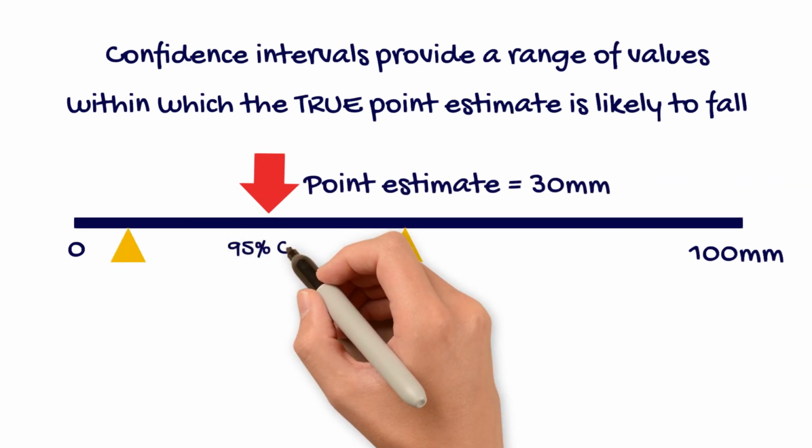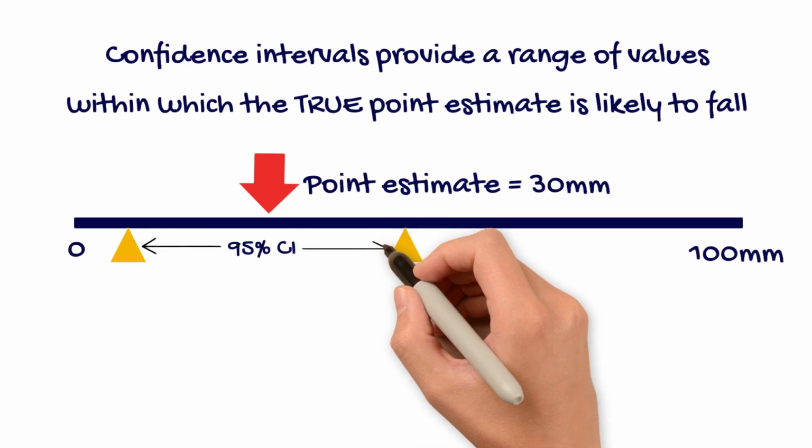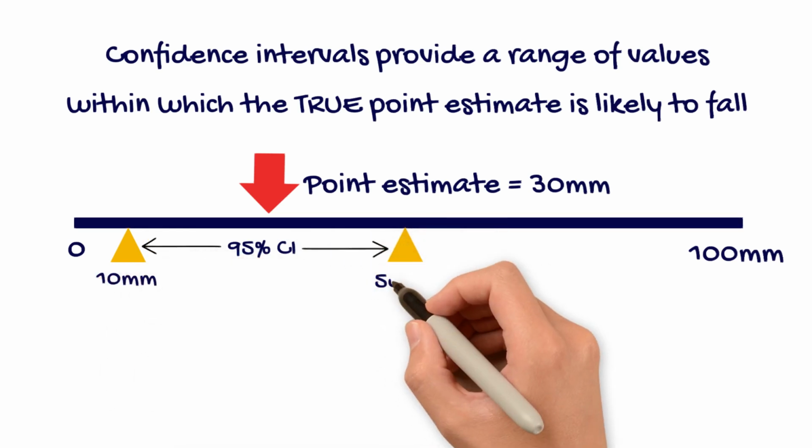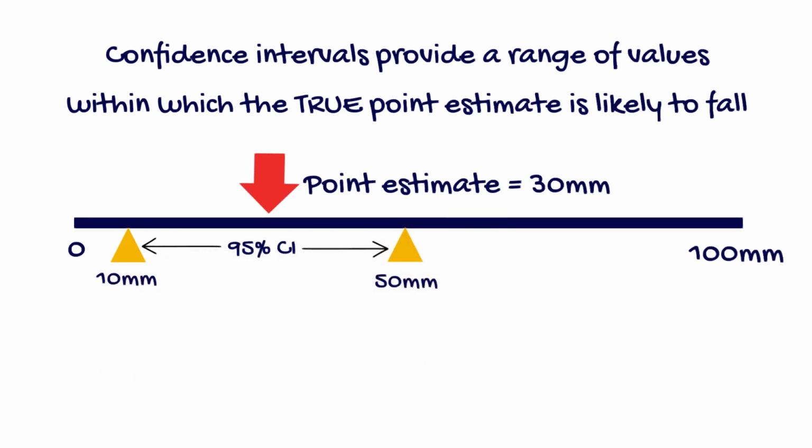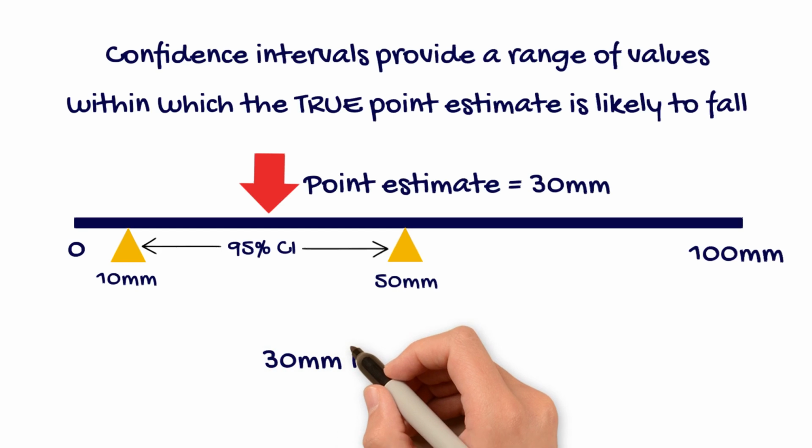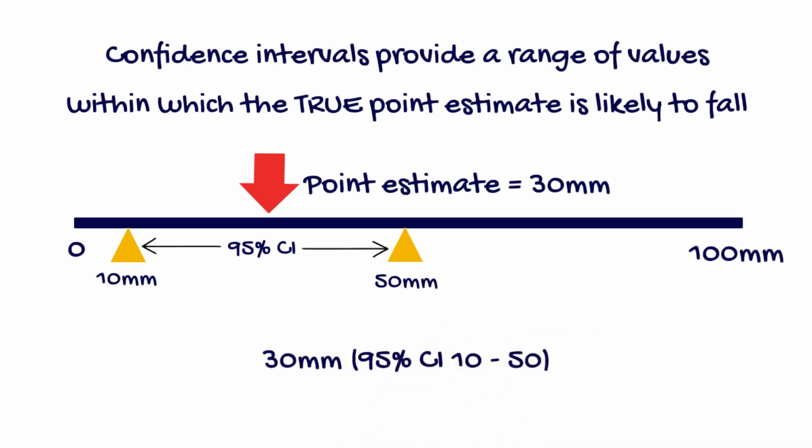A 95% confidence interval ranging from 10 to 50 would tell us that if we were to repeat the same experiment over and over, 95% of the time, the result of our study would be an effect estimate somewhere between 10 and 50 millimeters. Confidence intervals are often expressed within brackets following the point estimate, like this.